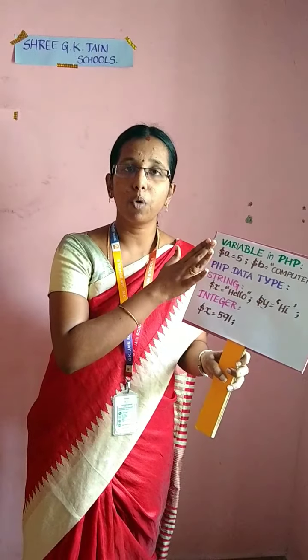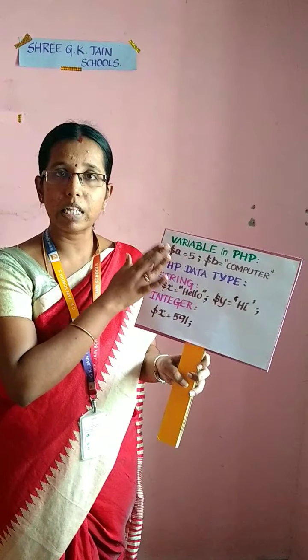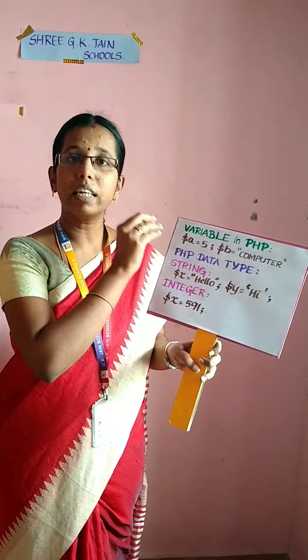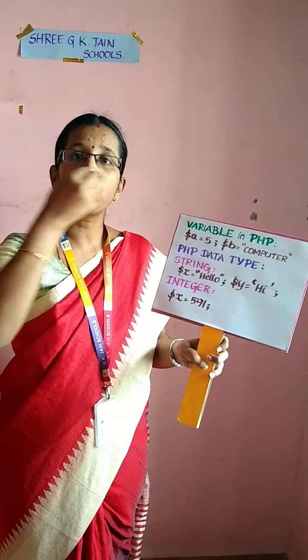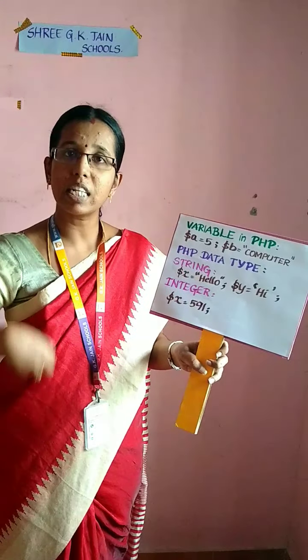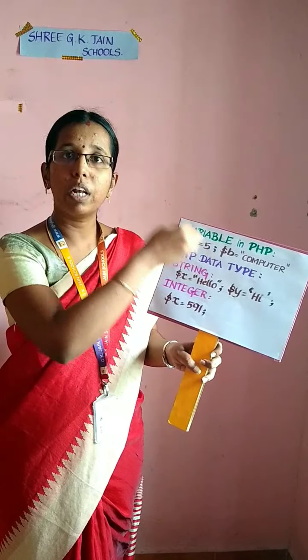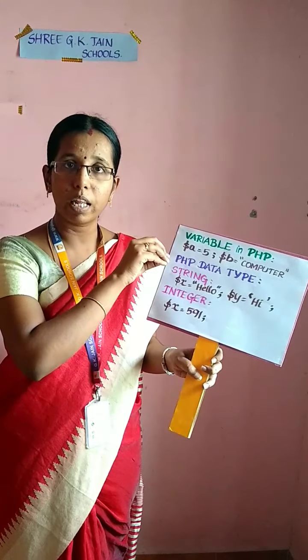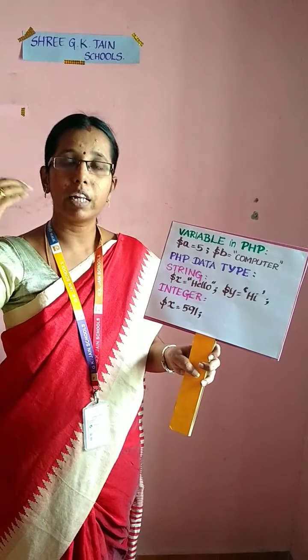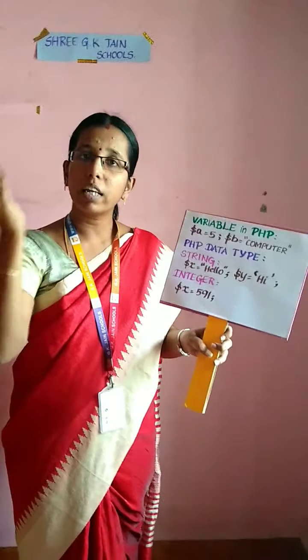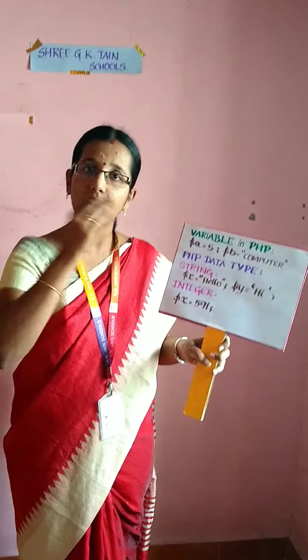The main advantage of using variables in PHP is that it doesn't require you to specify a data type keyword separately. Based on the value you are giving, it will assign the data type of the variable automatically. But in other languages like C, C++, you have to declare the variable with the data type.